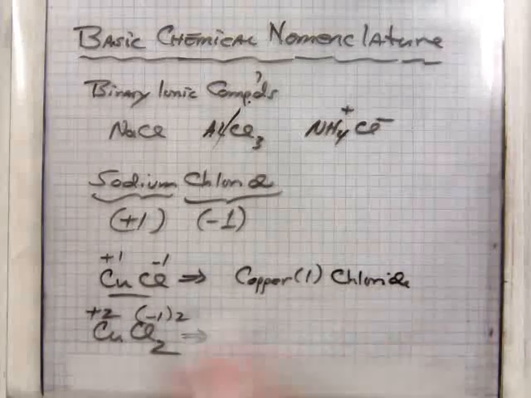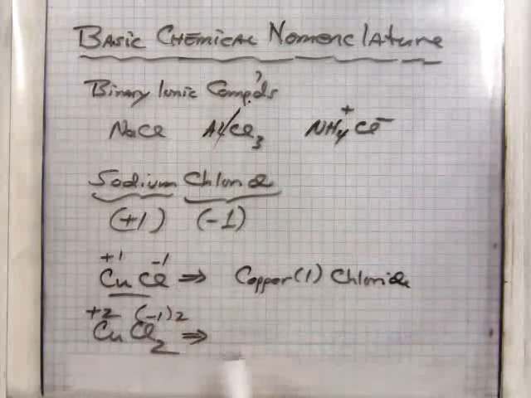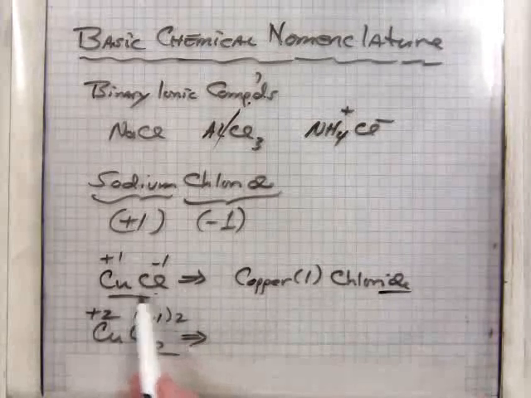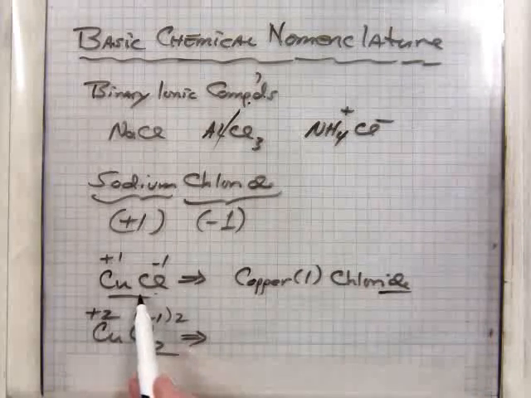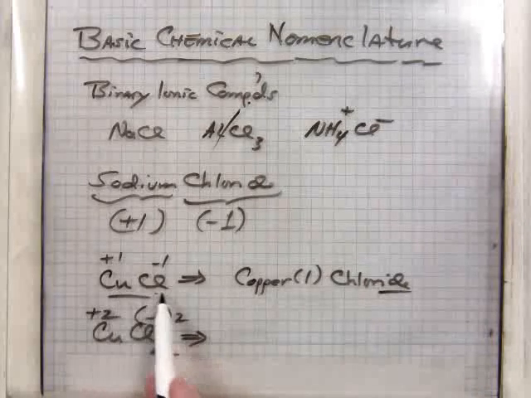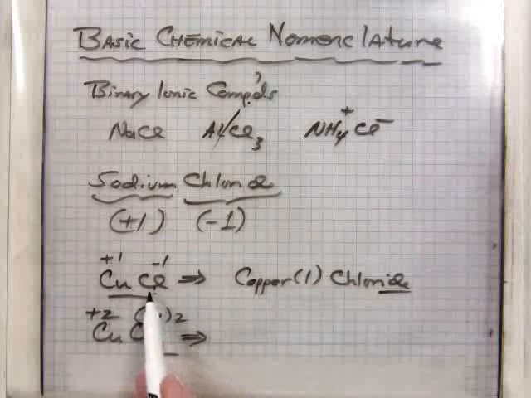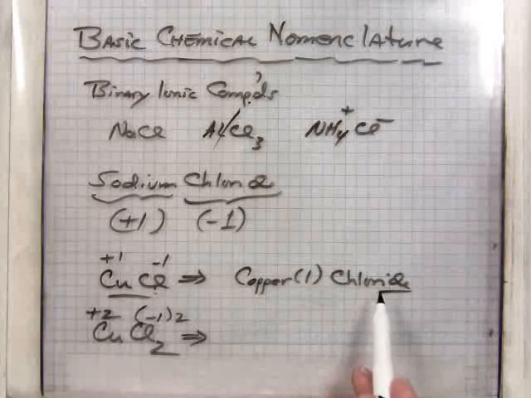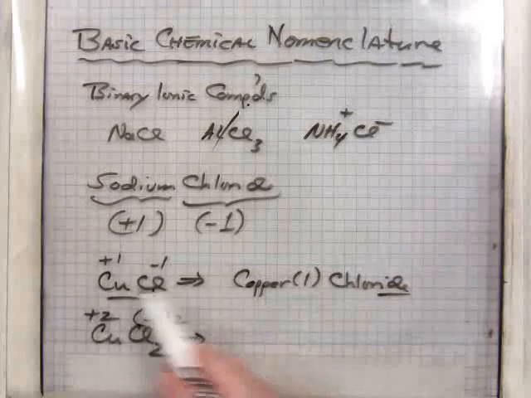Now you just write out the chlorine as a chloride if the element on the end is by itself. In other words, if you have copper and sulfur here, it'd be copper sulfide. The -ide ending indicates that there's only one of those elements at the end of the formula.